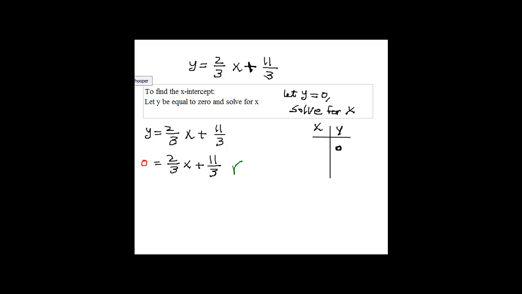Okay, excellent. To solve for x, we need to eliminate 11 over 3. So we need to subtract 11 over 3 from both sides of the equation. Let's do that. I'm going to subtract 11 over 3.